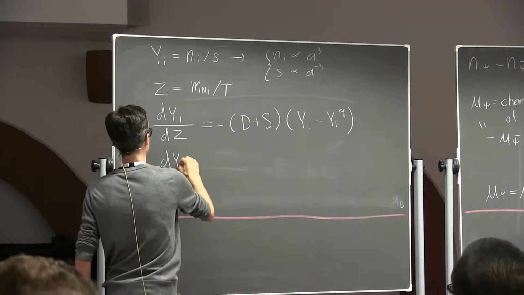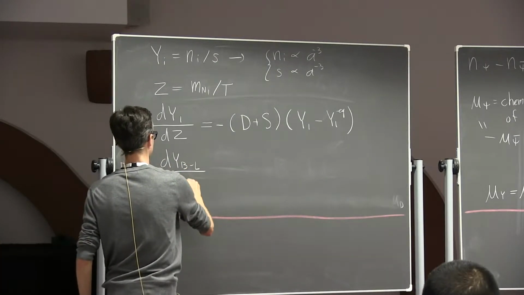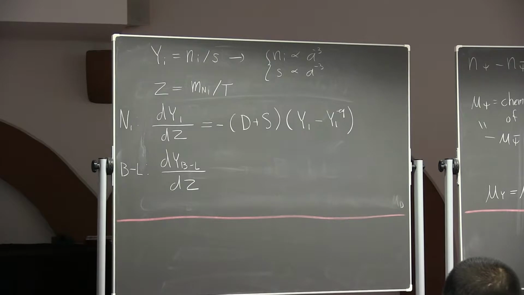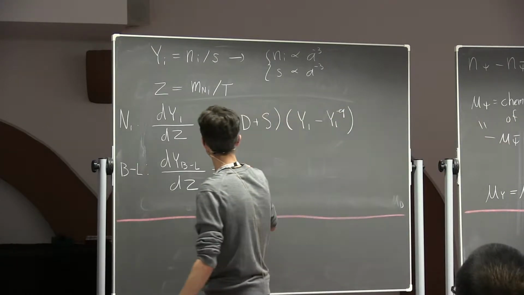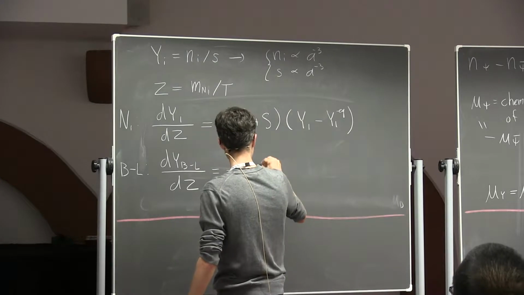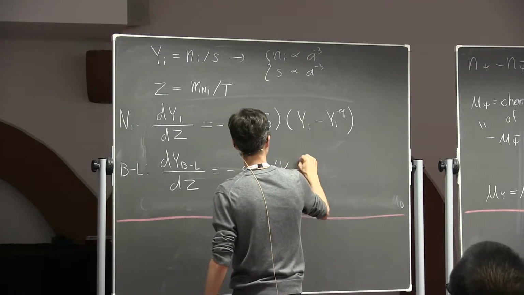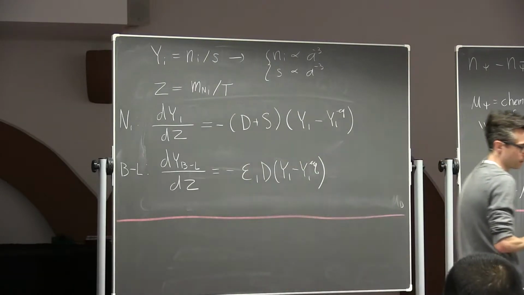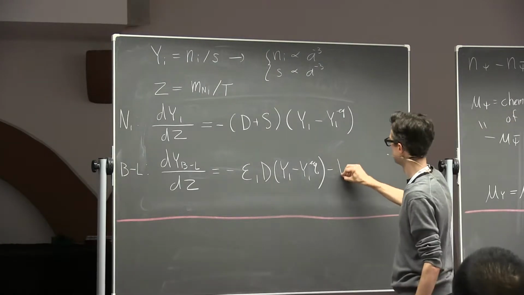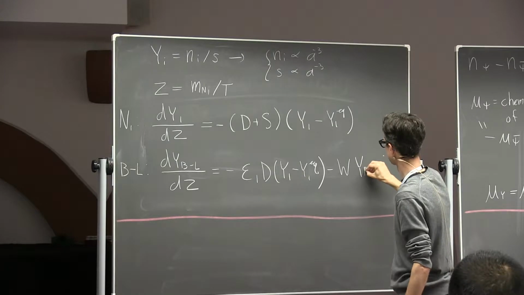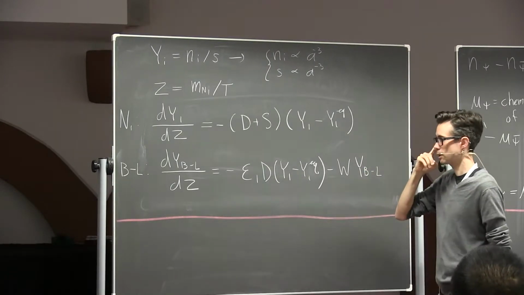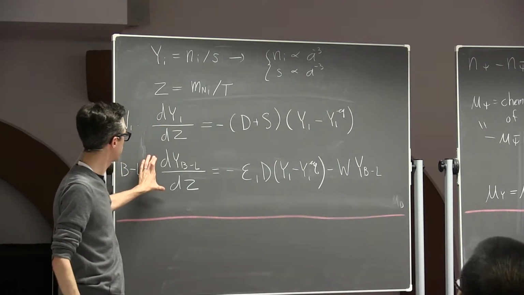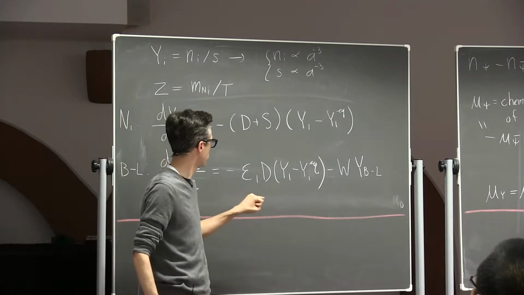My second equation is going to be an equation for Y of B minus L, where YB minus L is the yield for B minus L. So I'll come back to these coefficients in a second, but what this term is giving me is that the rate at which I generate a B minus L charge is going to correspond to the rate at which Y1 decays.